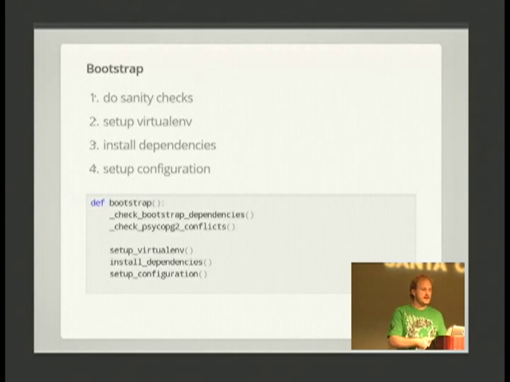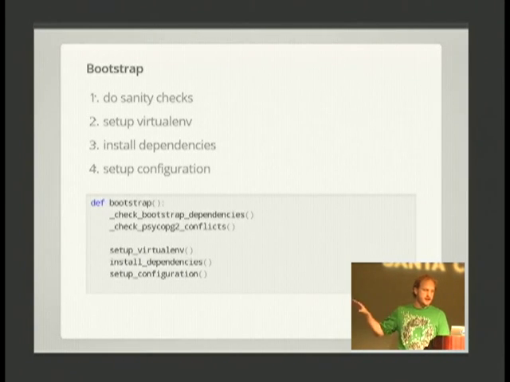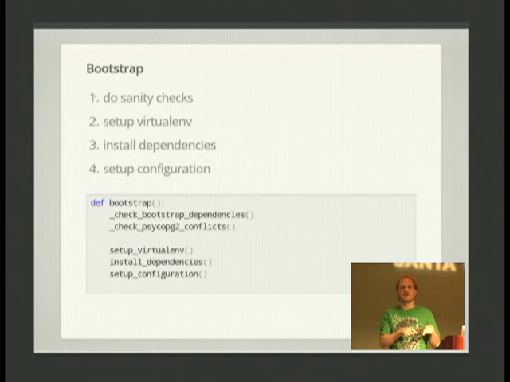We install the dependencies, and then we set up some configuration and some other stuff. The nice thing about this is that your developer or any contributor you have just has to do fab bootstrap, and everything magically is set up, configured, and prepared for starting development, starting demoing, whatever you want.